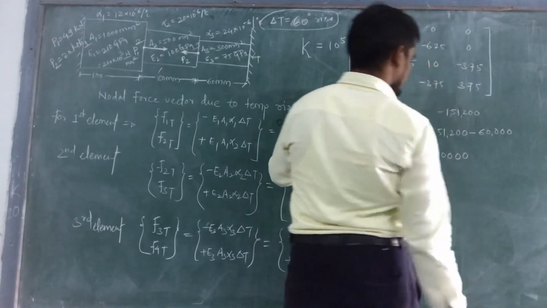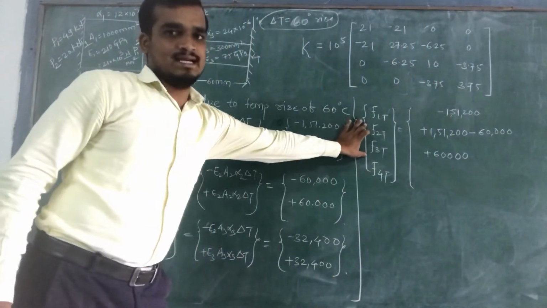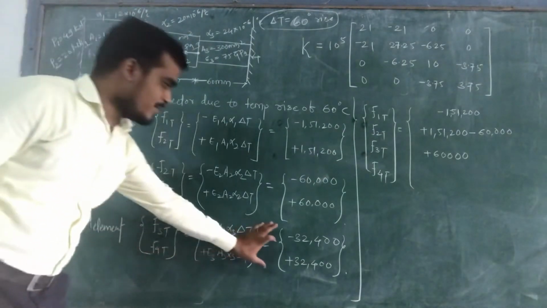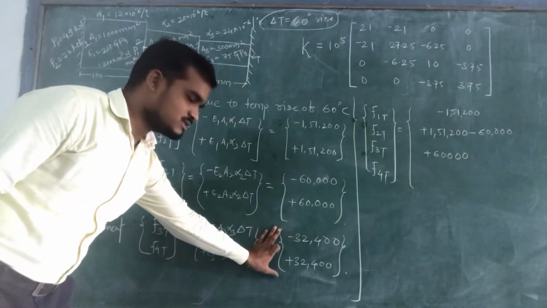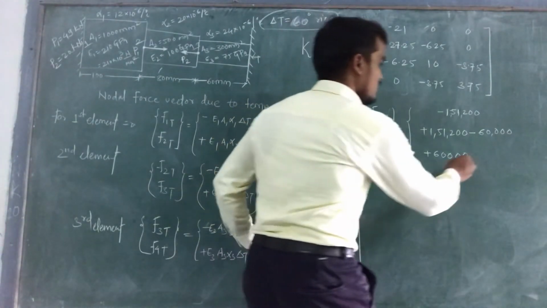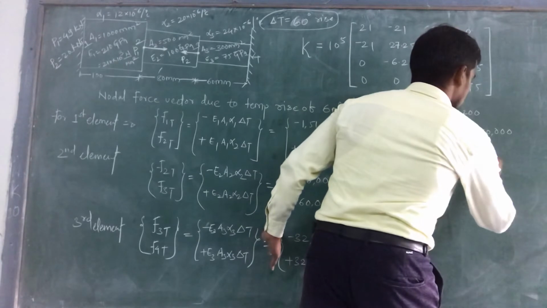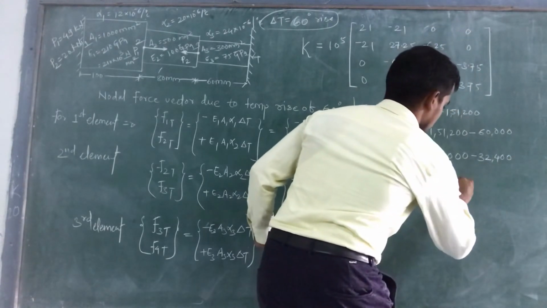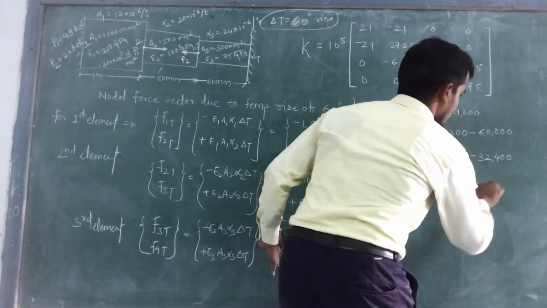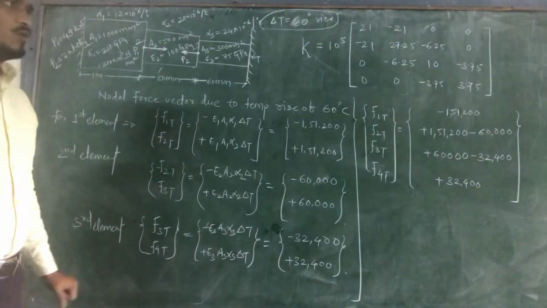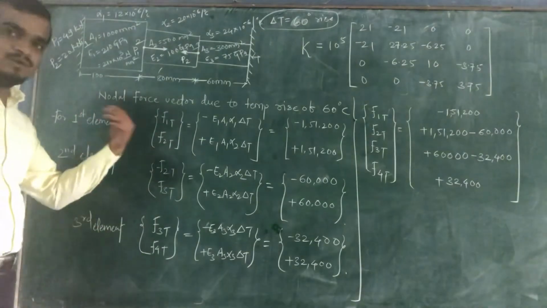Now between the third and fourth node we have minus 32,400 plus 32,400. So in this way you can construct your global force vector due to temperature rise.